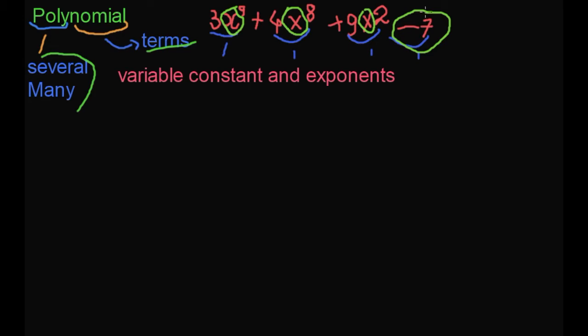This will be minus 7 only, so this is called a constant. And these 2, 8, 9 are exponents. So now it is clear: that which contains variable, constant and exponents is called a term, and that which contains several terms is called a polynomial. Several means 1, 2, 3, 4, anything.